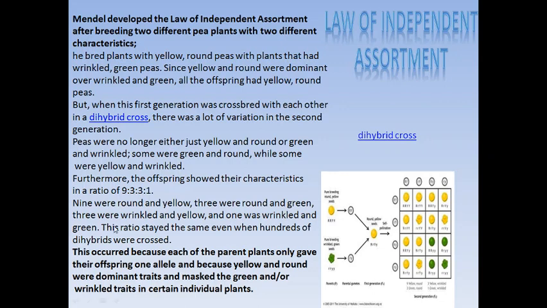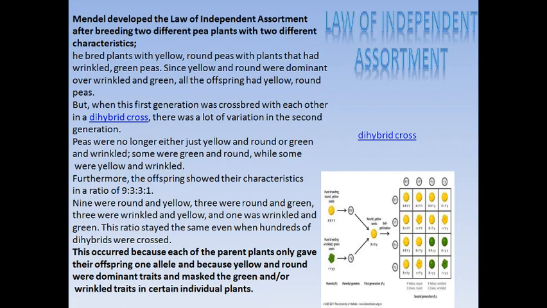In the F2 generation, he got the ratio 9:3:3:1. In this ratio, 9 were round and yellow, 3 were round and green, 3 were wrinkled and yellow, and 1 was wrinkled and green.